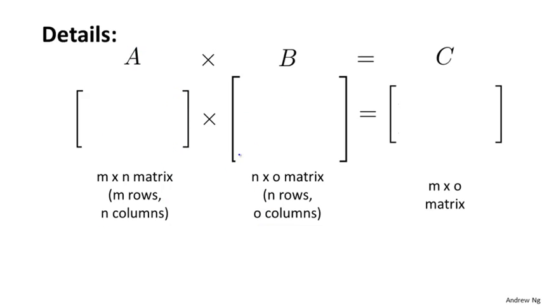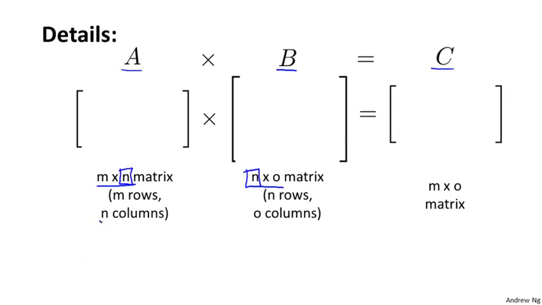Here are the details. I have a matrix A, and I want to multiply that with a matrix B, and the result will be some new matrix C. And it turns out you can only multiply together matrices whose dimensions match. So A is an m by n matrix, so m rows, n columns. And I'm going to multiply that with an n by o matrix. And it turns out this n here must match this n here.